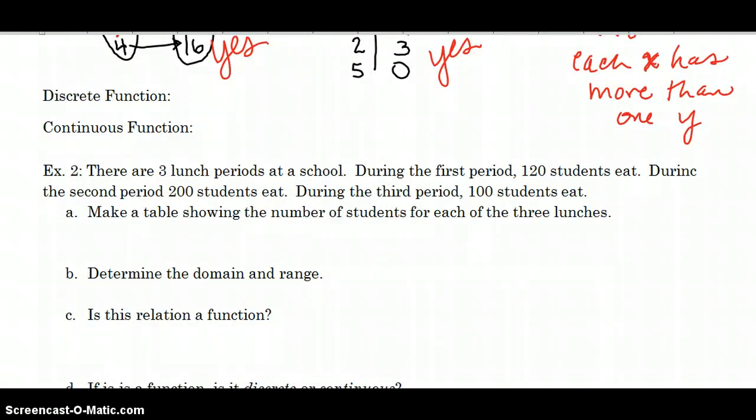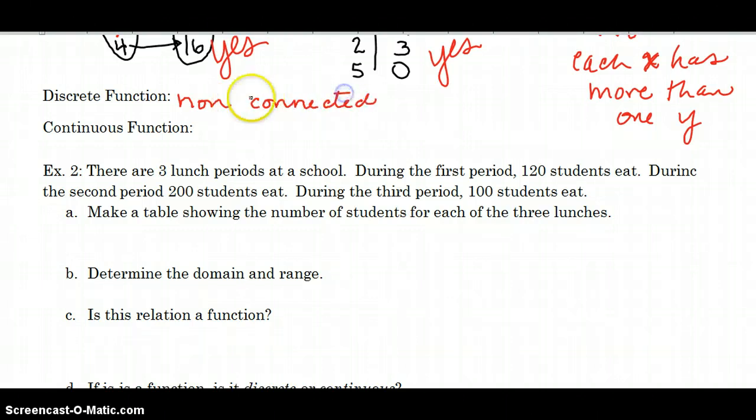All right, a discrete function, we can talk more about this later, but for now I want you to know that a discrete function is not continuous. It has non-connected points.